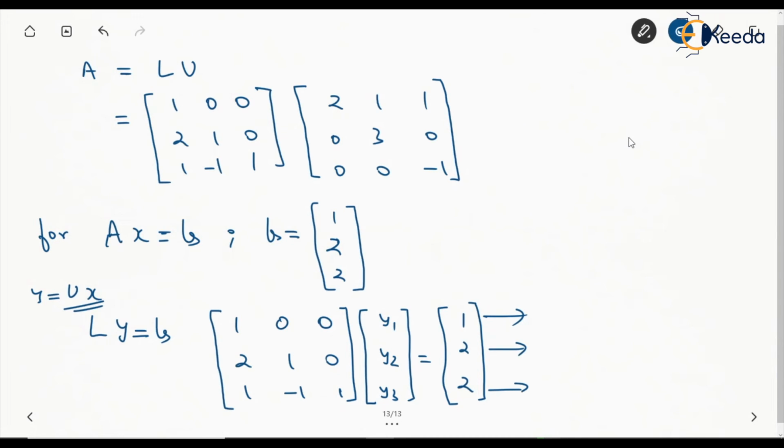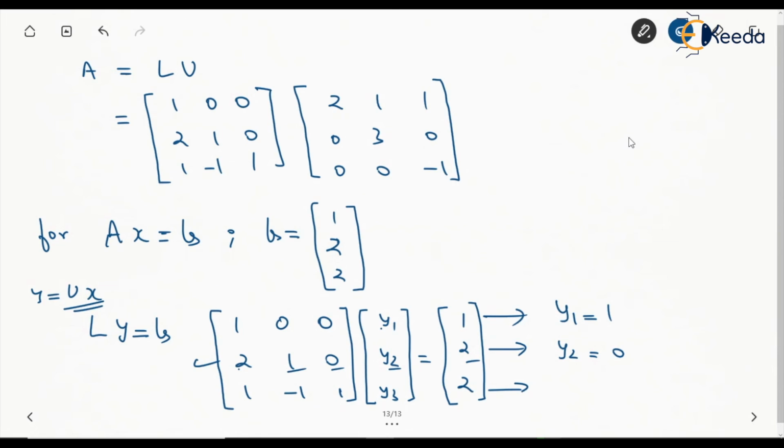So if we are solving the first equation, we can see 1 times of y1 will give you 1, right? So this y1 is going to be 1. Then we can substitute y1 for the second equation. So this is 2 times of y1 plus y2 plus 0 equal to 2, right? So in that case we can see that y2 is going to be 0, right?